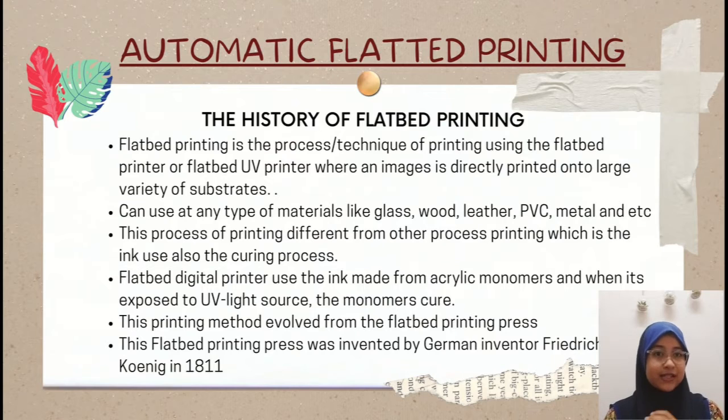So, the first is the history of flatbed printing. Flatbed printing is the process or technique of printing using a flatbed printer or flatbed UV printer, where an image is directly printed onto a large variety of substrates. It can be used on any type of material like glass, wood, leather, PVC, metal and so on. This printing process is different from other printing processes in the ink used and also the curing process.